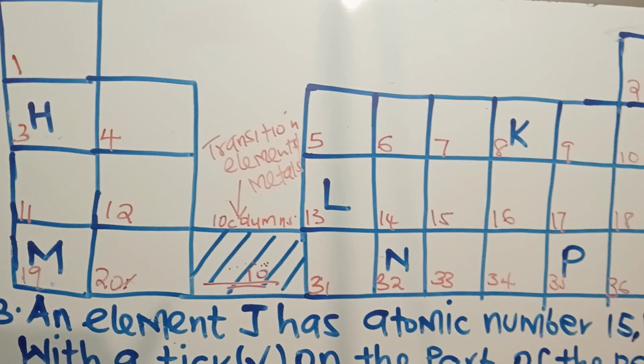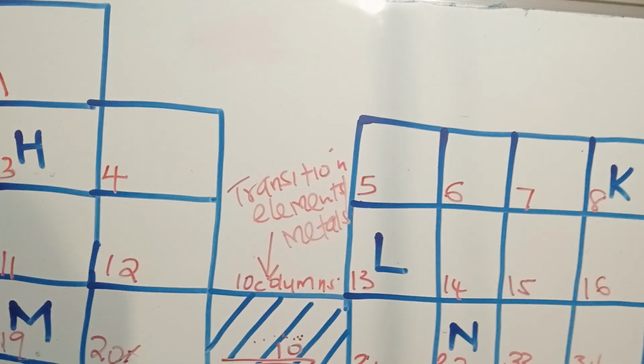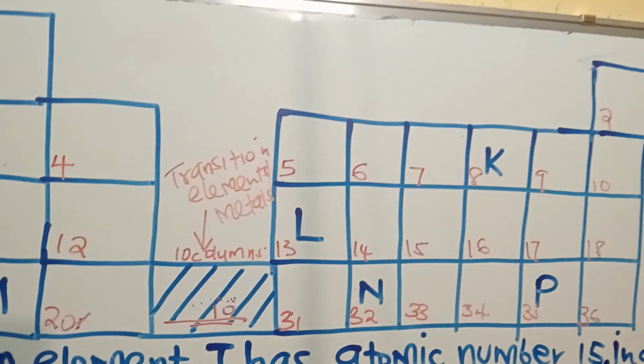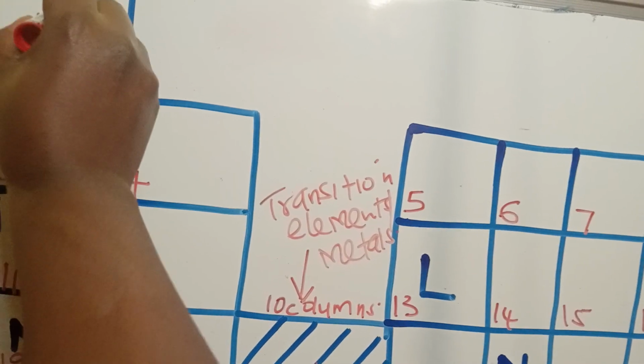Today I want us to add something different about the different elements, and we put them in the spaces that we have been given. So element number 1 is usually hydrogen.